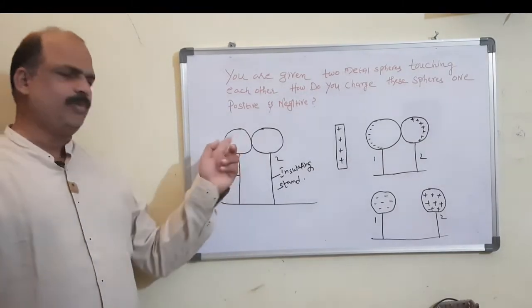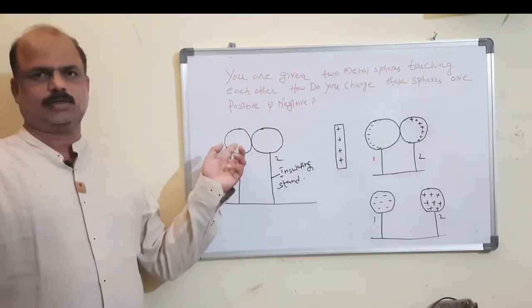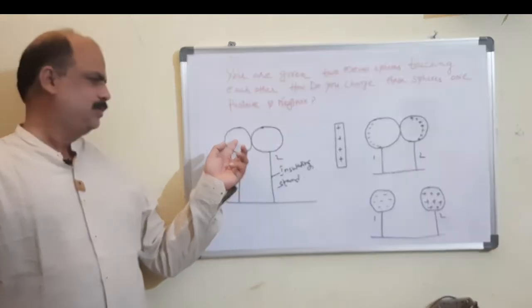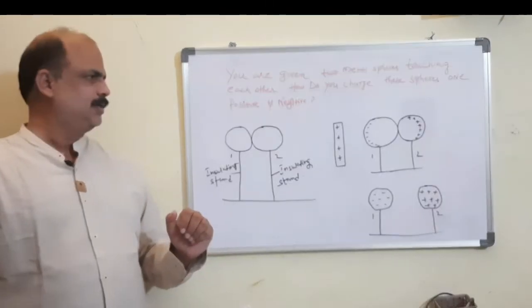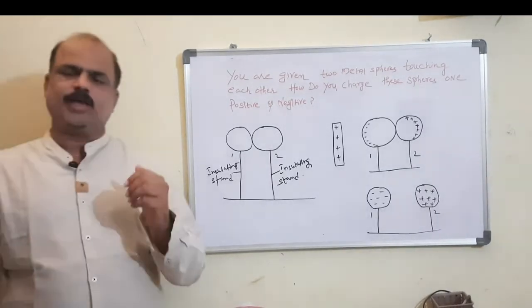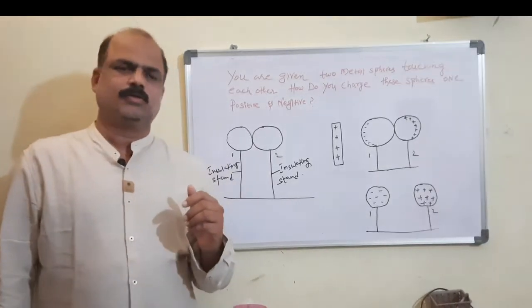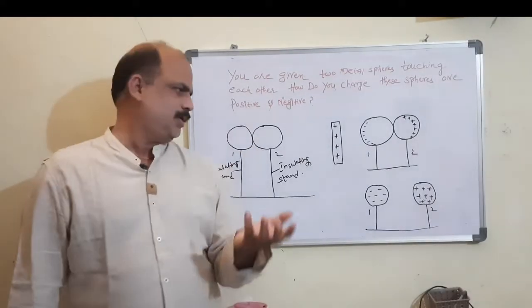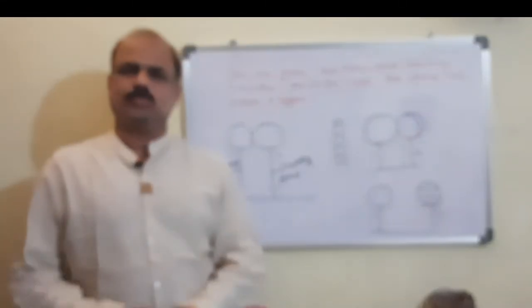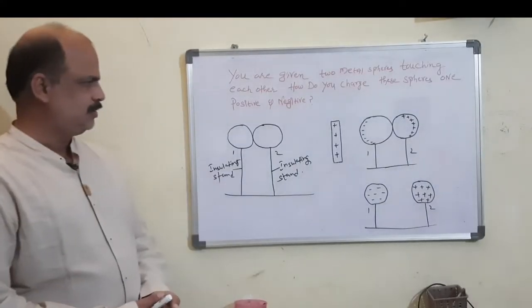Here, these are the two metal spheres, conducting spheres. They are mounted on insulating stands. Now, our aim is to make the first sphere a charged body and the second sphere a charged body. For that, what do we do?